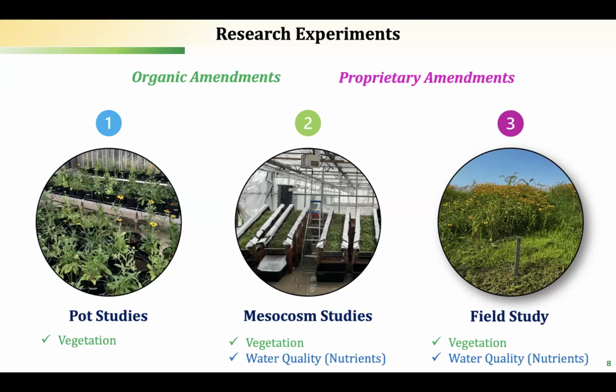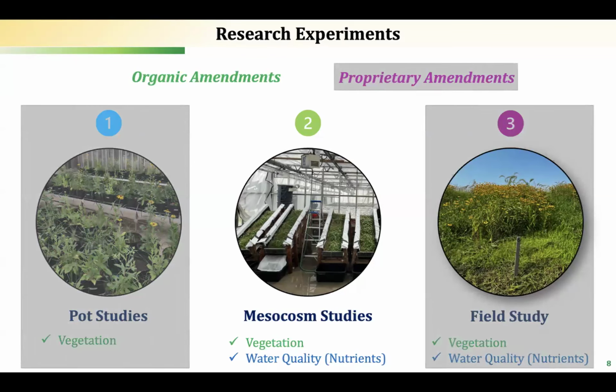But in this webinar, we will specifically focus on the organic amendments, particularly on the compost mixes with some of the soils that we tested. So we won't get into much detail on the pot studies in the greenhouse and proprietary amendments, and not much information about the field study data. But again, we'll be happy to give webinar talks on the other parts that we're omitting on this current webinar. Go ahead, Sai.